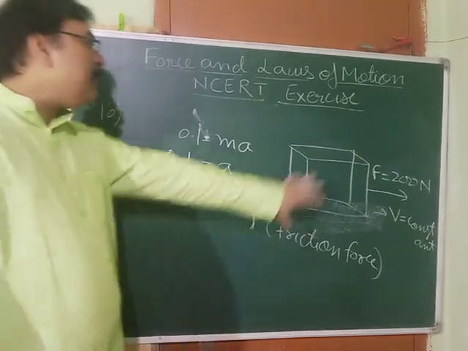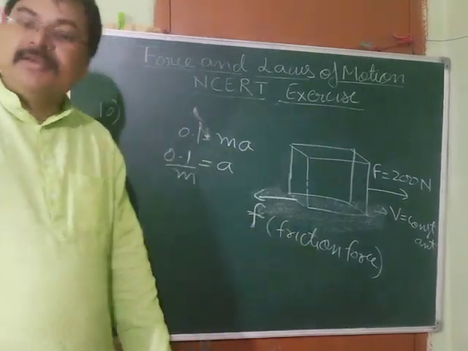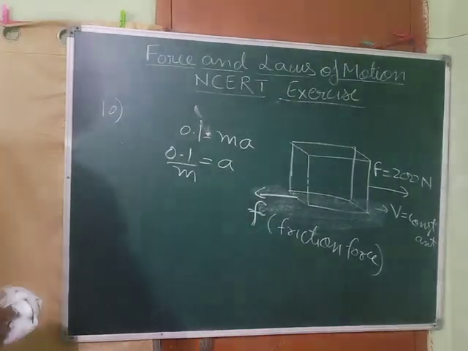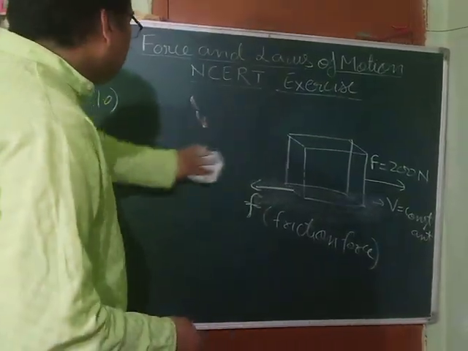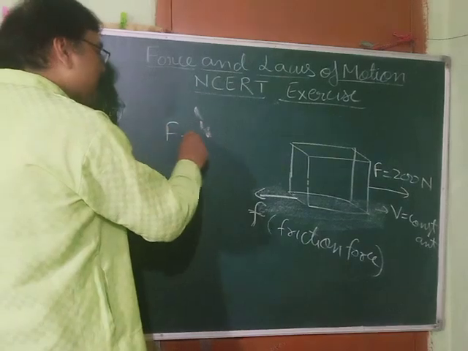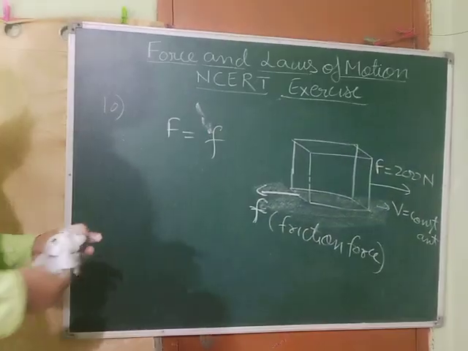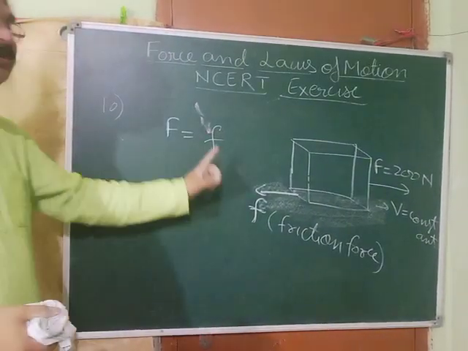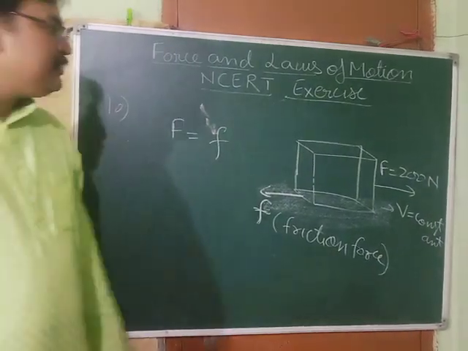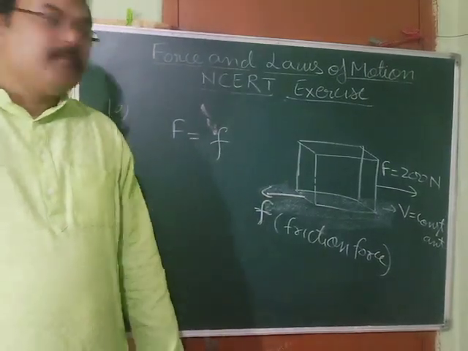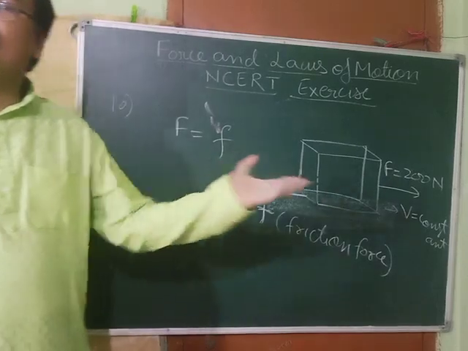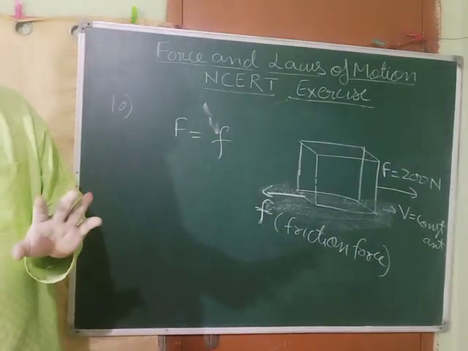That means only balanced forces must be acting on this body. That means the applied force is equal to the force of friction. Both are balancing each other. When no unbalanced force is acting, the body will continue to move with constant velocity.